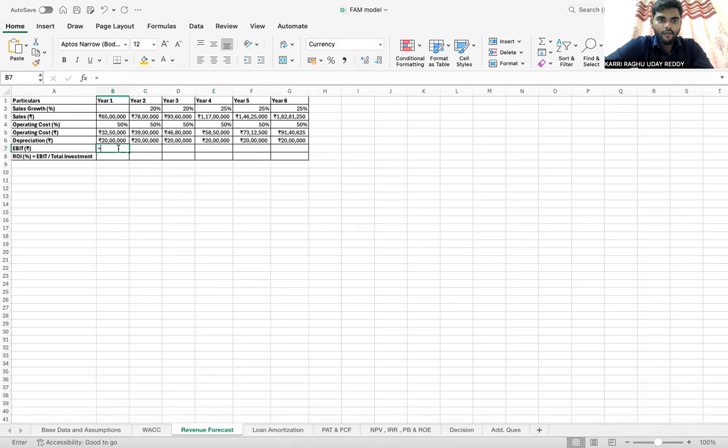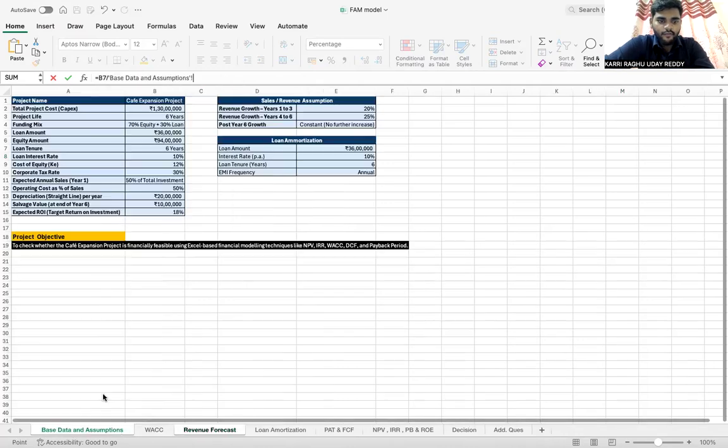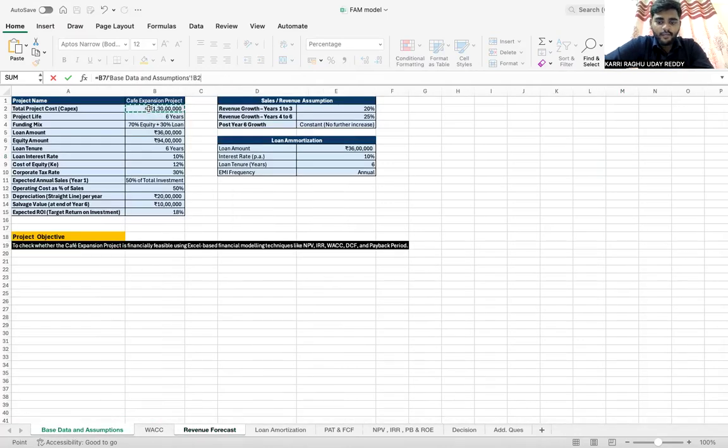Then the EBIT formula will be sales minus operating cost minus depreciation. I'm getting EBIT of 12 lakh 50,000, and dragging. Then ROI, return on investment, will be EBIT divided by our total investment of 1.3 crores.